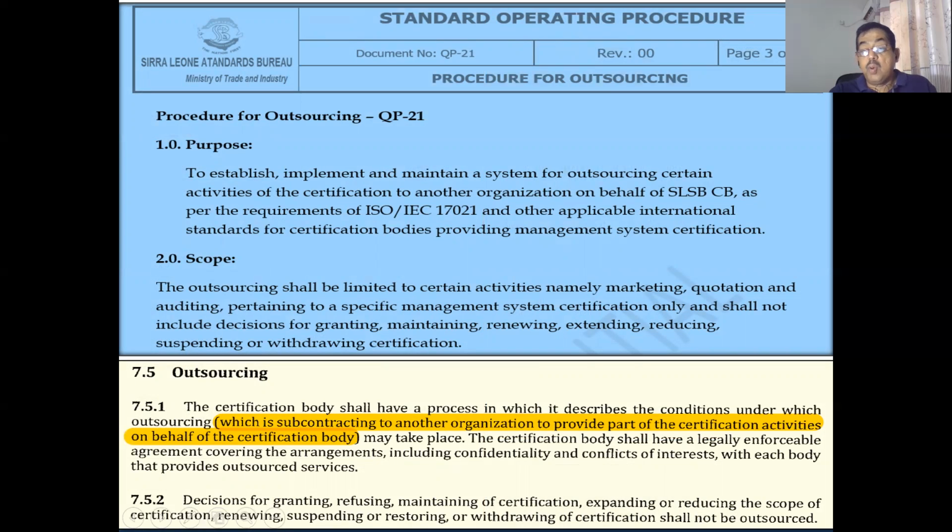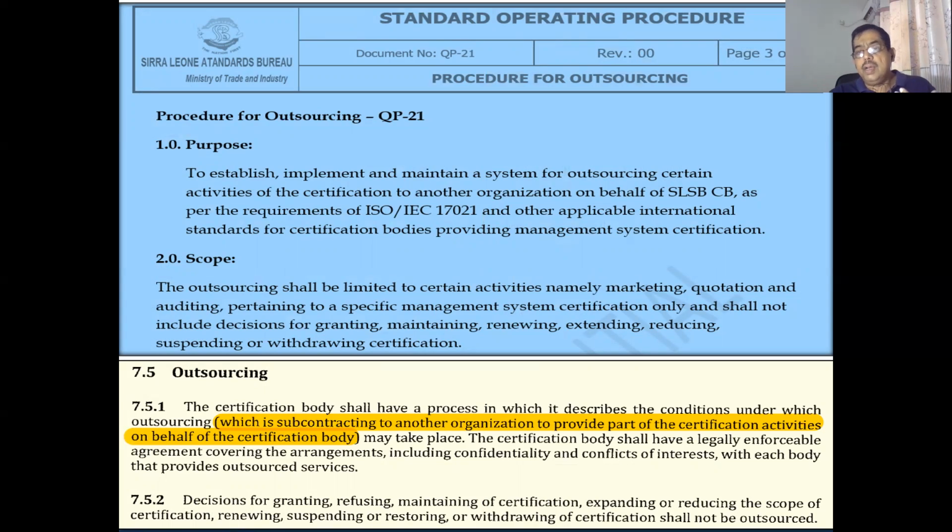the scope, reviewing the certification, suspending the certification, and then restoring that certification will not be the part of this franchise certification body. That will be the part of the main certification body. For example, you have a franchise in Guinea, you have a franchise in Liberia, but your franchise would receive the applications and send them to you.